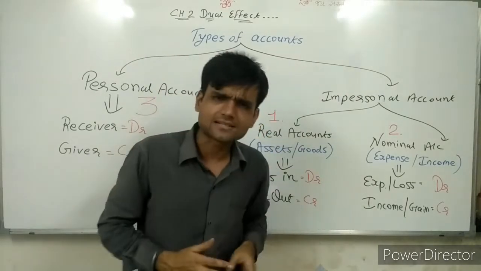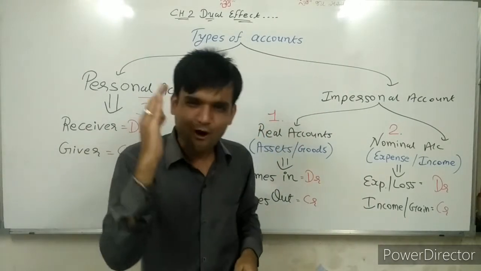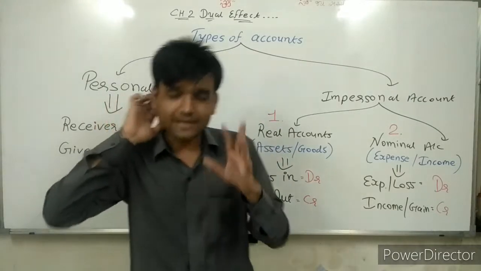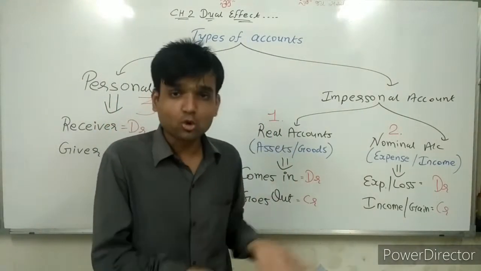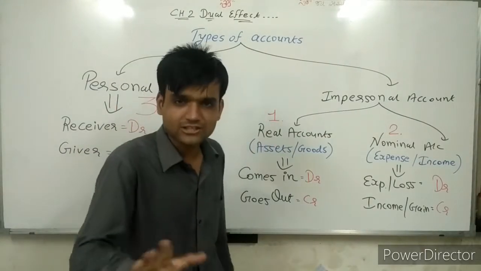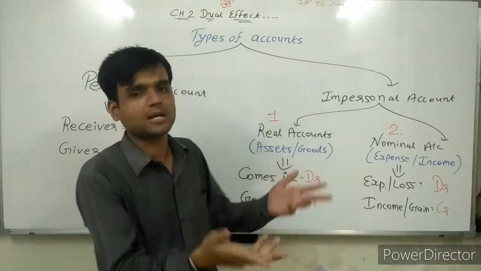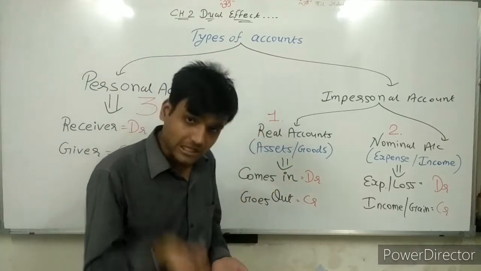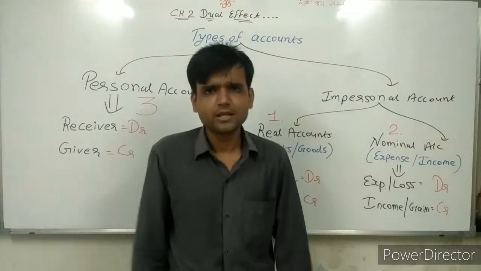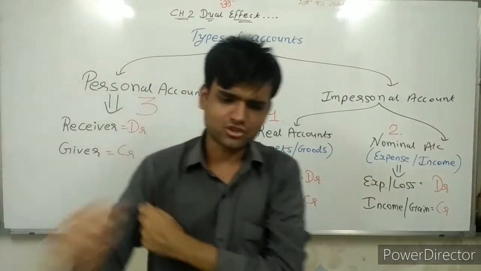That was also done in the last lectures. So at that time we have to think whether cash comes in or goes out, because it's the first time. If it is not a cash transaction, but a credit transaction, then don't think about the asset. Then think about the person.